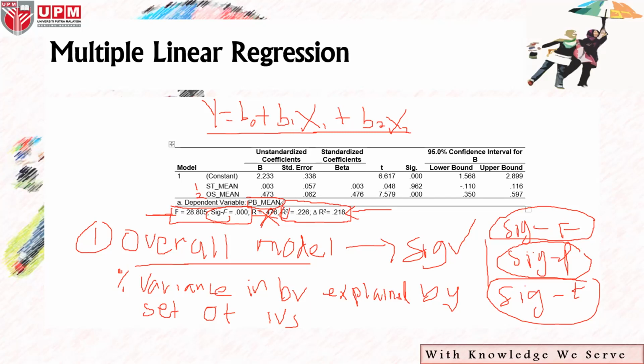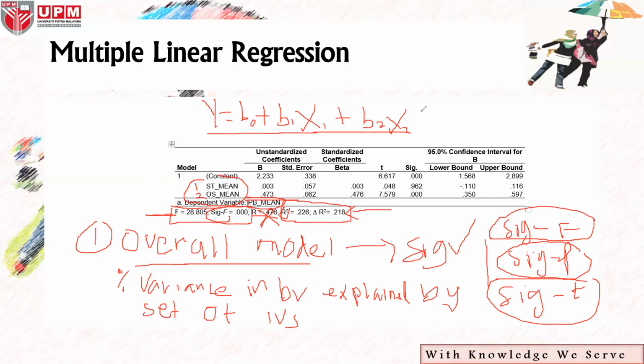Okay, macam mana kita nak baca? How we are going to read the R square is, it will explain the percentage of variance in DV explained by set of IVs. Okay, maksudnya dia akan explain berapa variance dalam DV tu diterangkan oleh set of IVs yang kita pakai ni. Dua ni. Okay. So, macam mana nak baca ni? Kita akan sebut 22.6% of variance in philanthropic behavior is explained by the model, or you may specify your variables, which are social trust and organizational support.